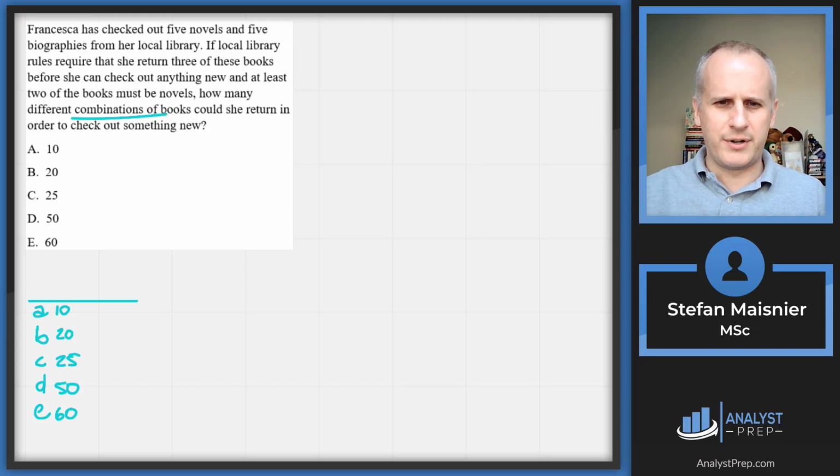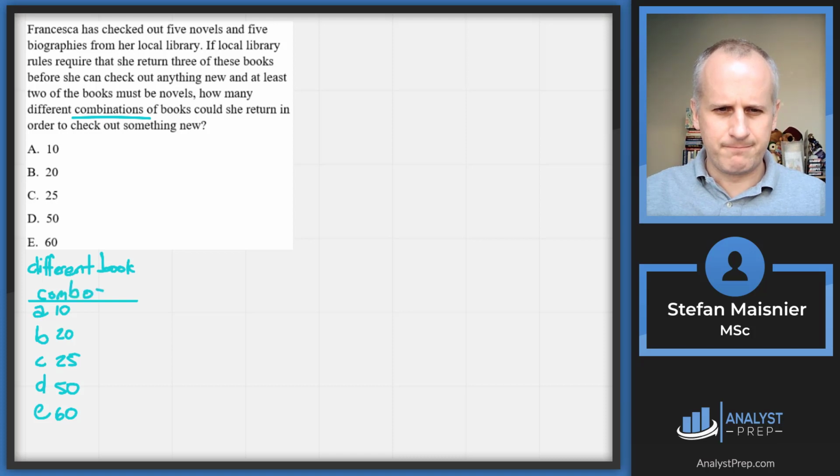So just the word combination itself kind of indicates that we're dealing with combinations and permutation problems. So we're looking at just different book combos. And so then we just start taking notes. Francesca has checked out 5 novels and 5 biographies from her local library. So we know that N is equal to 5.